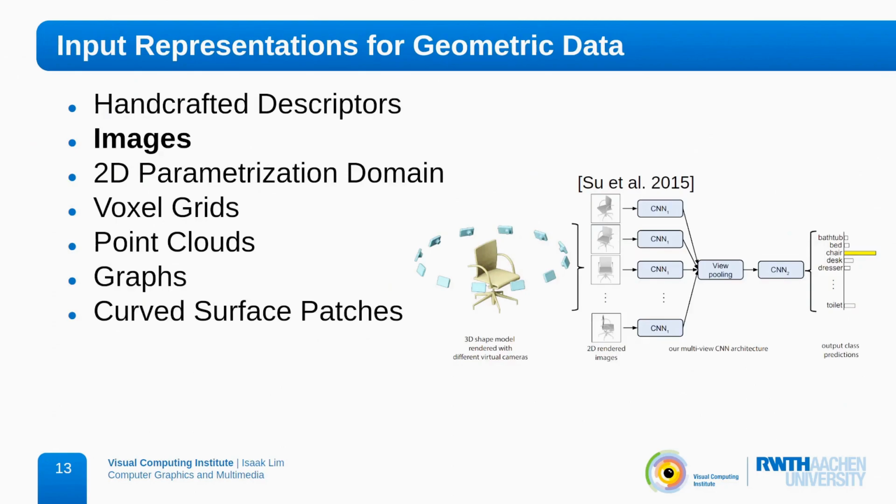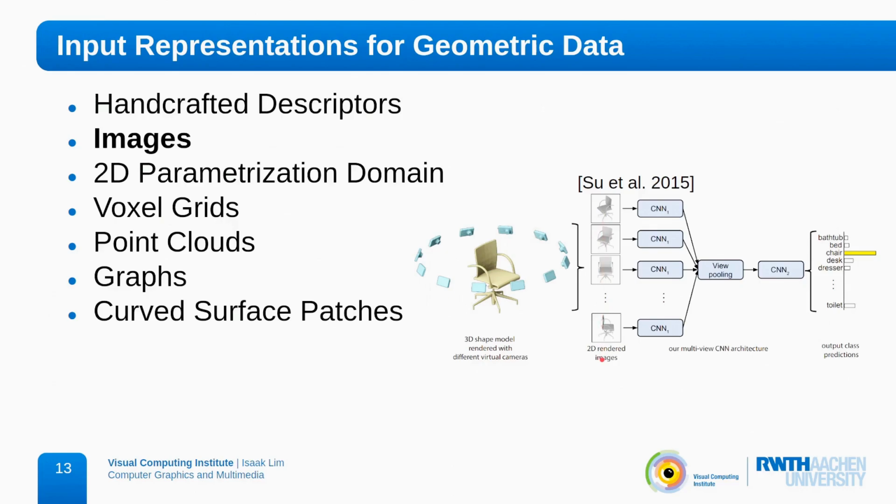So in order to move away from these handcrafted descriptors, while still being able to handle the irregular nature of the neighborhood on polygonal meshes, people have proposed to simply render images of 3D shapes. Here we place a set of virtual cameras around this 3D object, and from each camera we render an image of this shape.